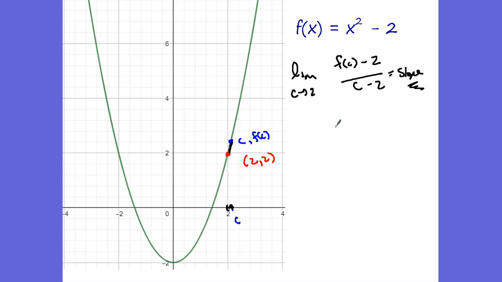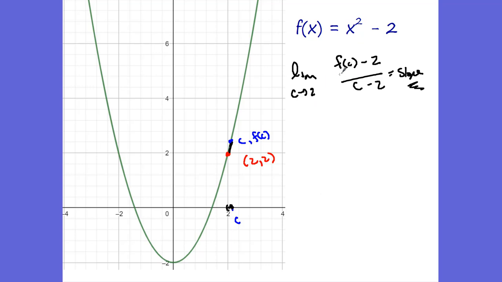Now, I don't know about you, that ends up being a lot of work, isn't it? Because we're going to try a point like 2.1 or 2.001 or 2.0001, and we keep plugging into my function. We've got to do the slope. Now, it's not bad to put 2.1 into this function, or 2.001.